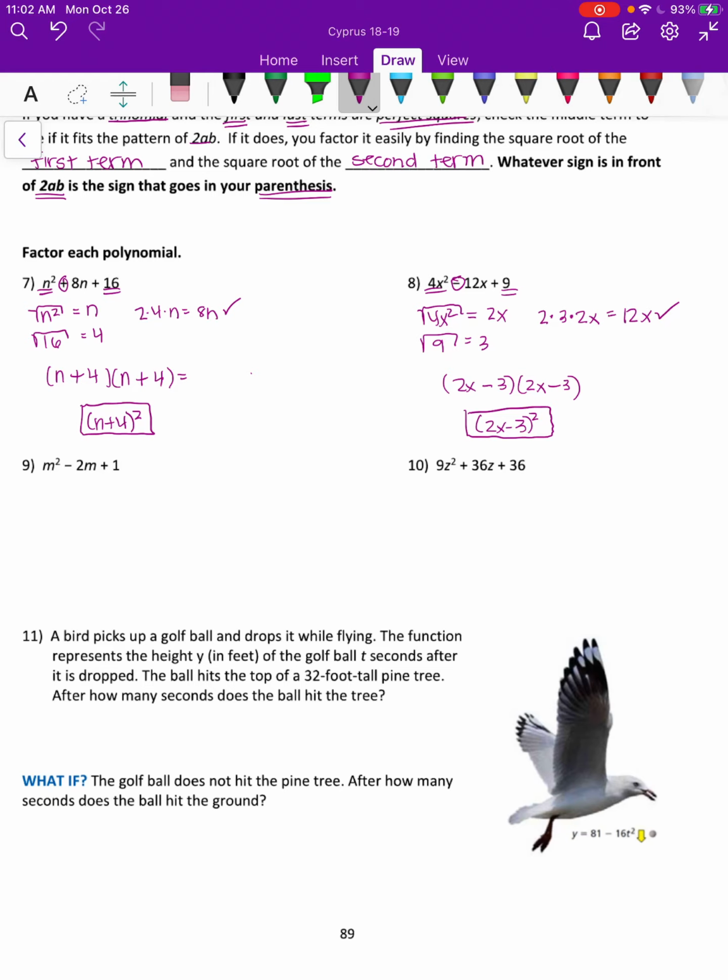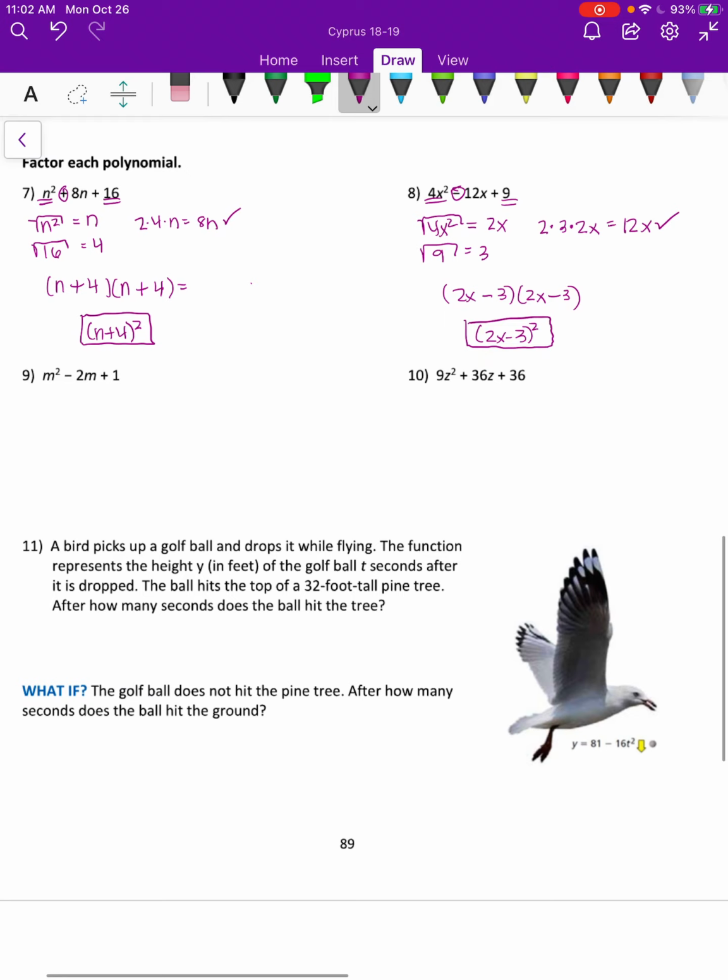Okay. Try number 9 on your own, and then come back and we'll do it together. So we have a trinomial. We have a perfect square in the front and the back. So I'm going to take the square root of both and check 2 times 1 times m is 2m.